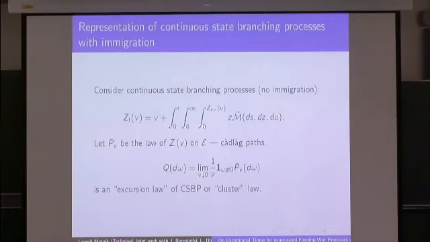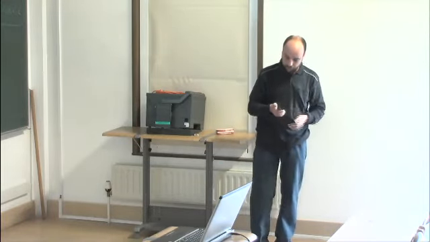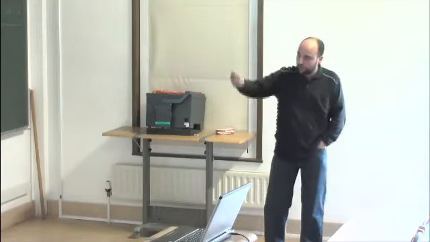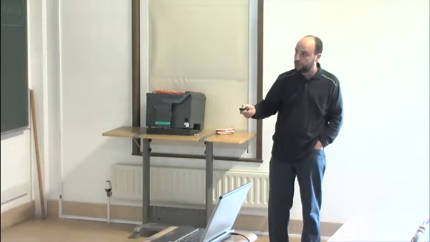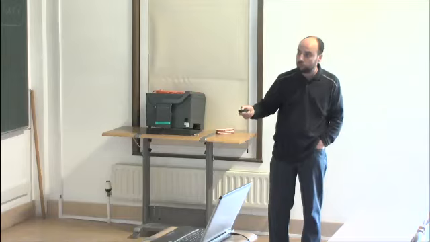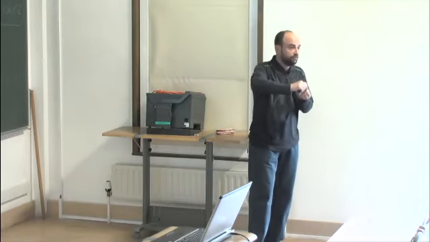And it starts from mass V. Okay? You take a small amount of mass and you start your continuous state branching process. And now you define the kind of excursion law of the process. You rescale the law of the process when V goes to 0 by 1 over V. So you try to start your process from infinitely small mass.